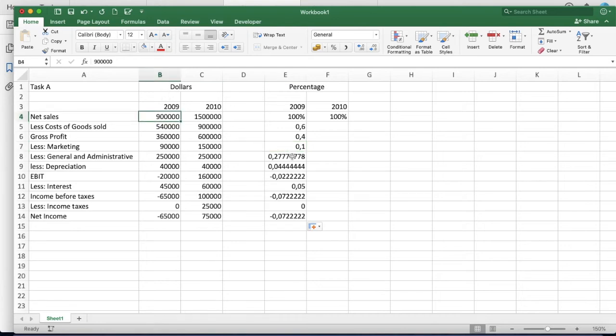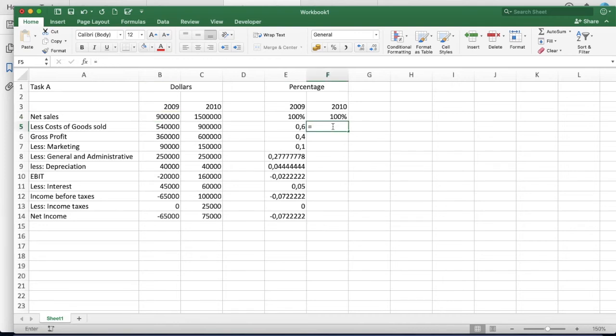The next cell, administrative expenses, is equal to B8 divided by B4. So we are varying the cells across the items, but at the same time fixing the cell of sales.